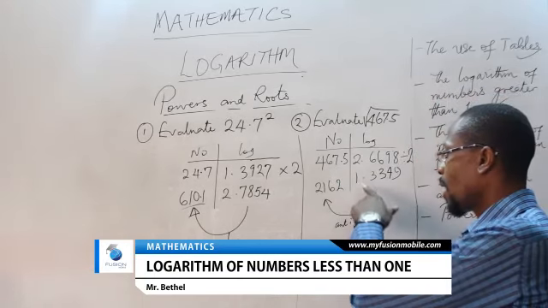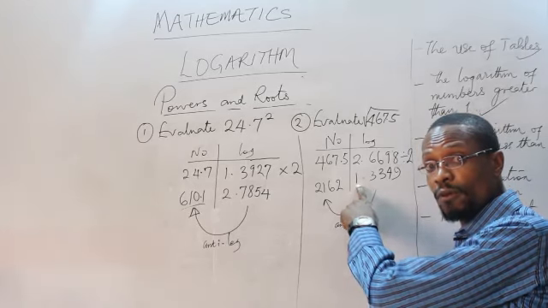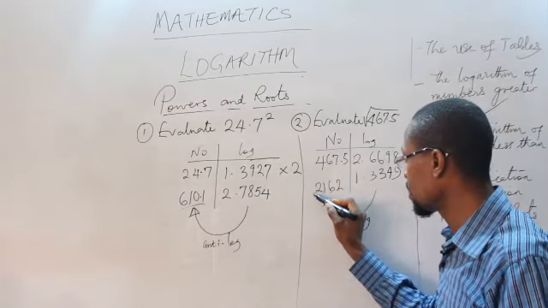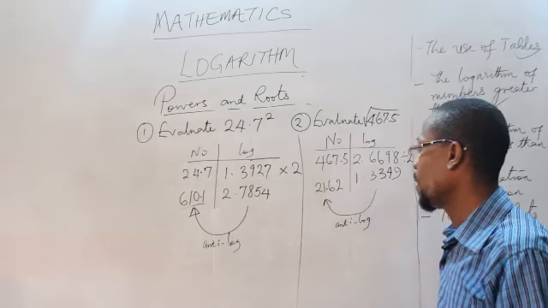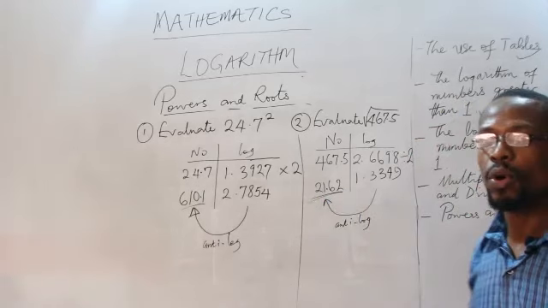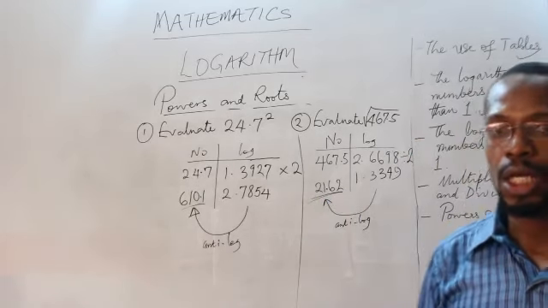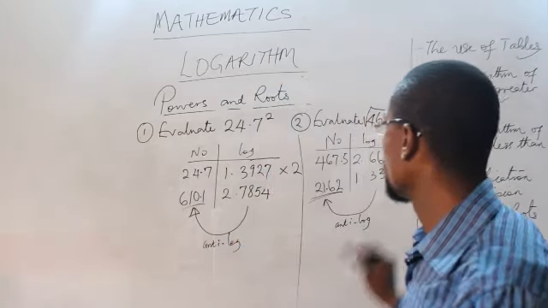However, our characteristic here is 1 under the logarithm. So for the anti-log, we'll move 2 places to the right. And that brings our decimal point here. So the final answer is 21.62.